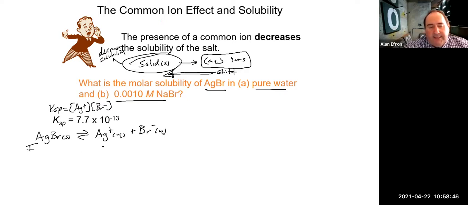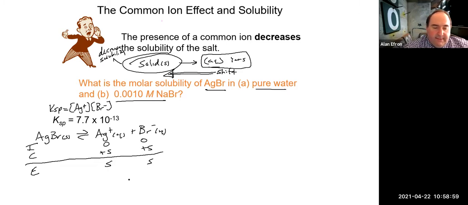Again, we have just the Ksp given to us, so we're going to do 0 and 0. Change is going to be plus S and plus S, which means at equilibrium, S and S. Going into our Ksp expression like we did before, that would get us S squared is equal to the Ksp value.